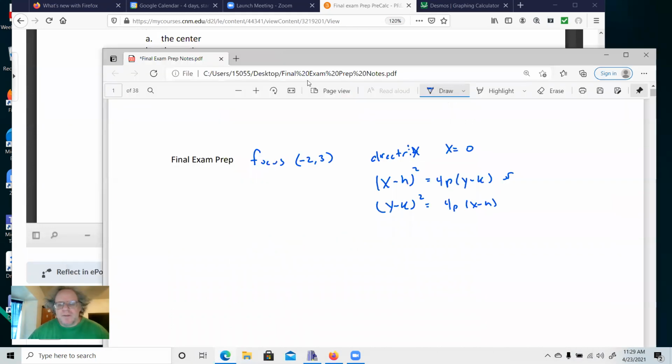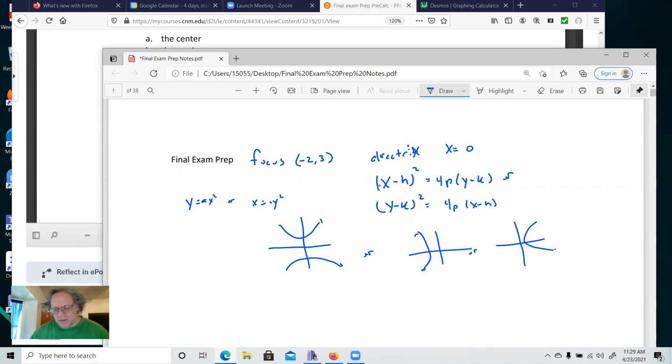So really we're dealing with parabolas that look like y equals x squared or x equals y squared. I don't know what the leading coefficient is, but we could have parabolas that open this way, or this way, or that way. That's all we're saying, that all of the options are available.